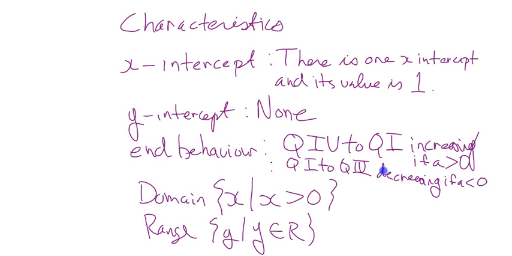So exponentials are easy. They're always going quadrant 2 to quadrant 1 no matter what. Logarithmic, they're from quadrant 4 to quadrant 1 if a is greater than 0, and quadrant 1 to quadrant 4 if a is less than 0. And obviously if you're going to quadrant 1, you're increasing, and if you're going to quadrant 4, you're decreasing. Okay, make sense?